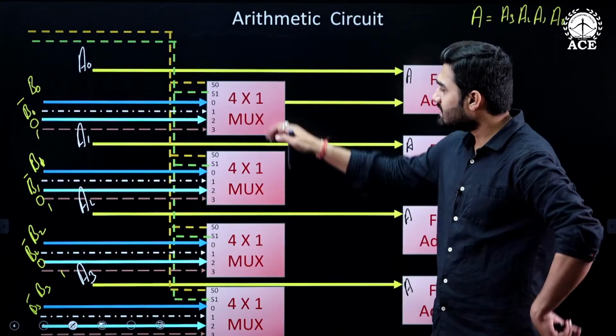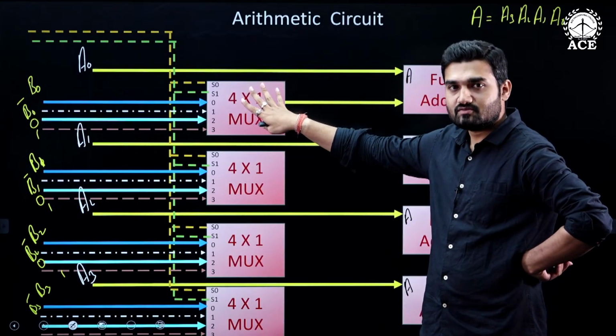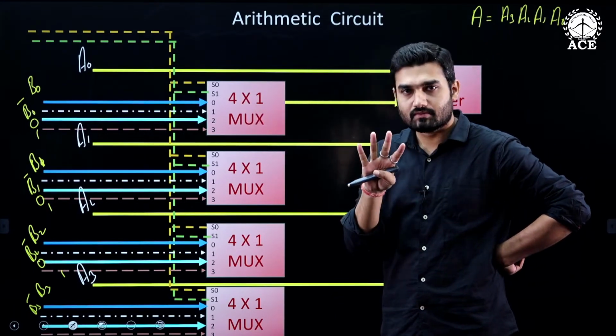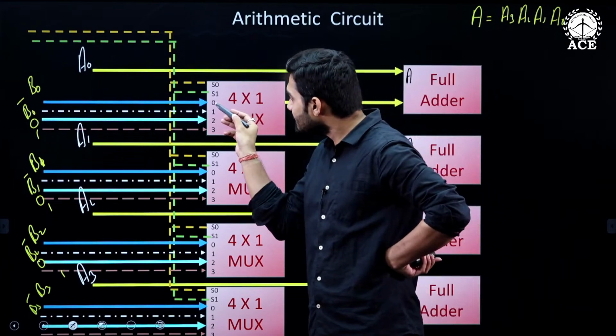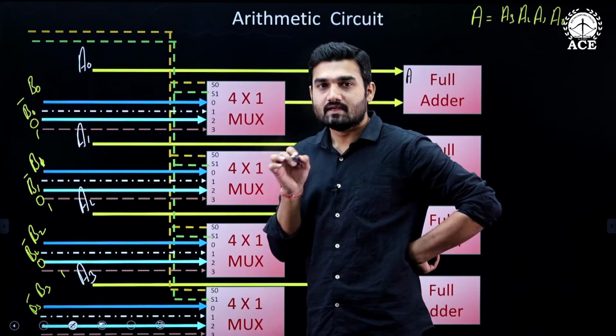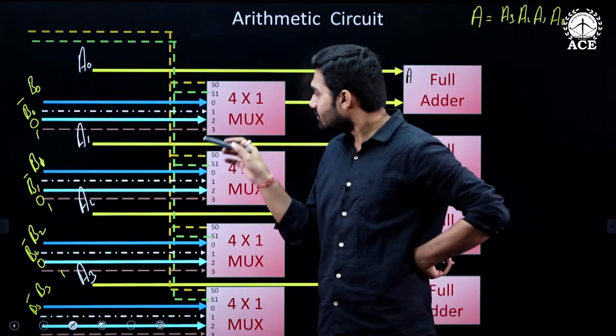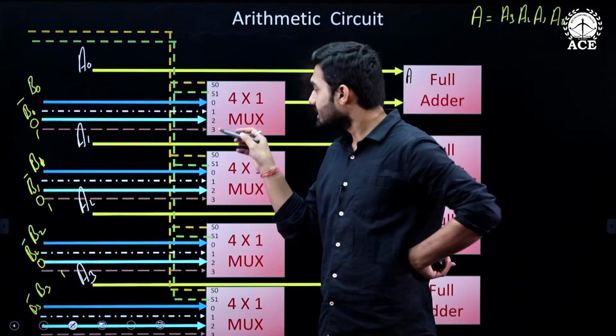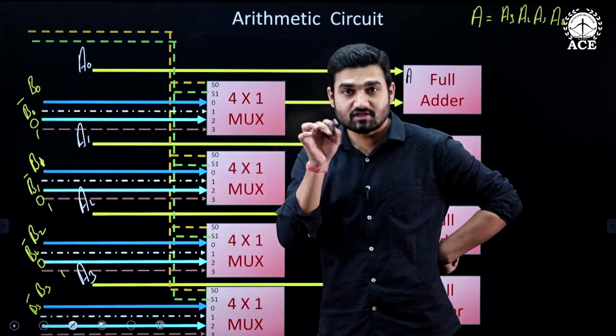If I ask you, this is a 4 cross 1 mux, how many inputs? 4. Can you tell me what is the input at 0? Input at 0 is B0. What is the input at 1? Input at 1 is B0 complement. What is the input at 2? Input 2 has 0, 0. Input 3 is 1, 1.